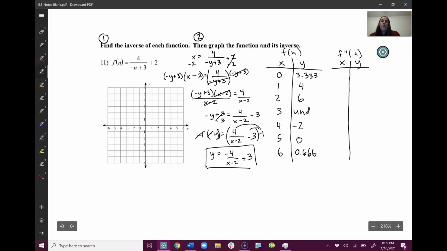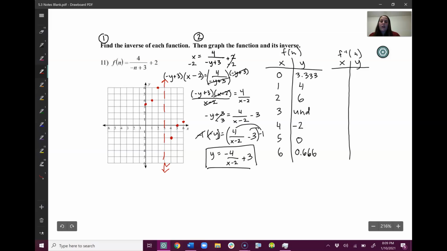So now at this point, I'm going to graph these. So I've got 0, 3.333, 1, 4, 2, 6. That 3 is my undefined asymptote. And then I've got 4, negative 2, 5, 0, 6, 0.66.